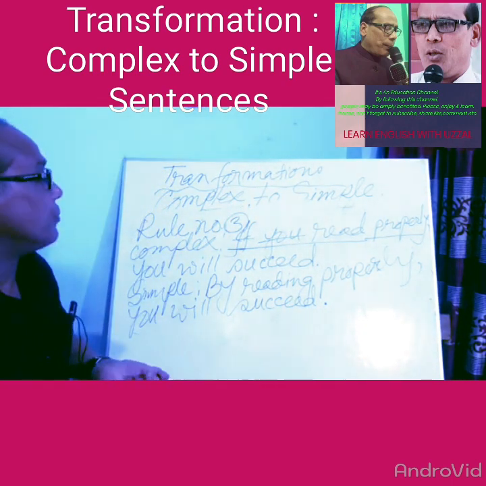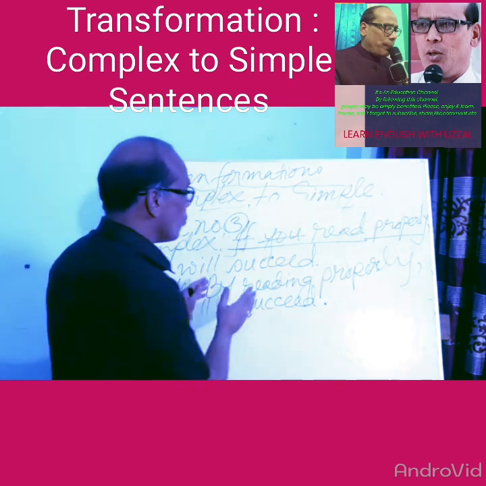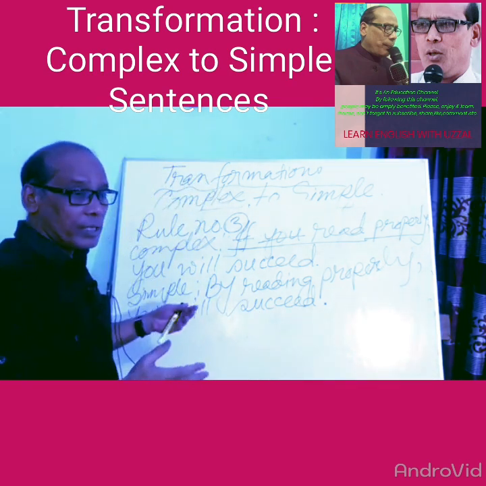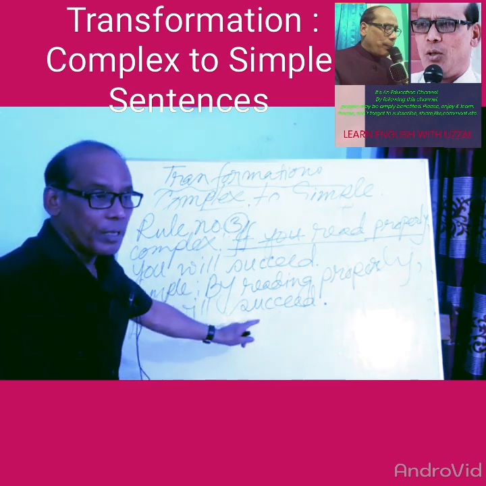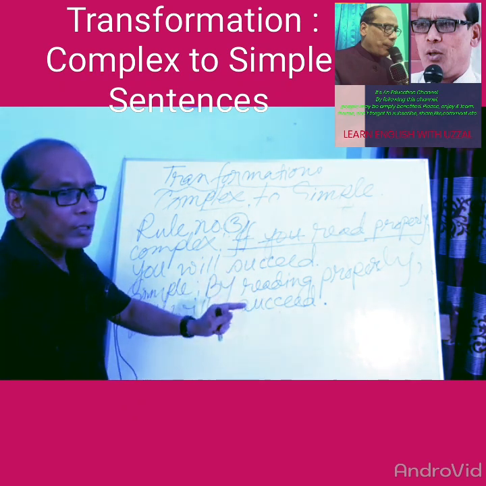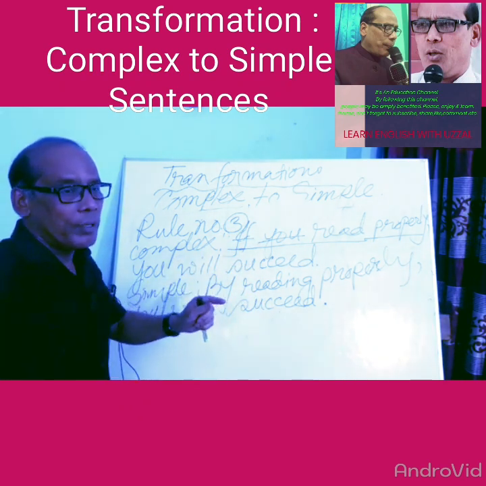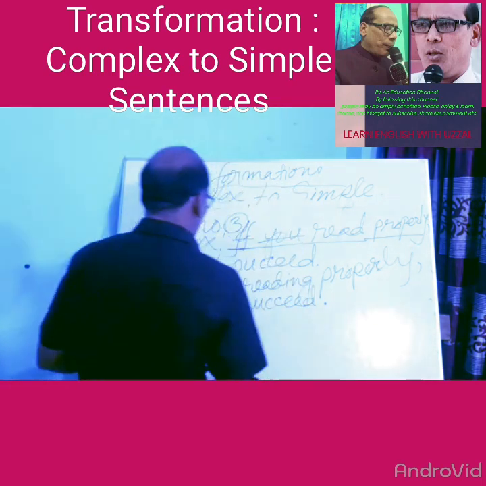Dear listeners, I would like to give you some examples of succeed. The word succeed has various forms. Succeed is a verb, successful is an adjective, success is a noun, successfully is an adverb, and successor is an agent, that is also a noun.